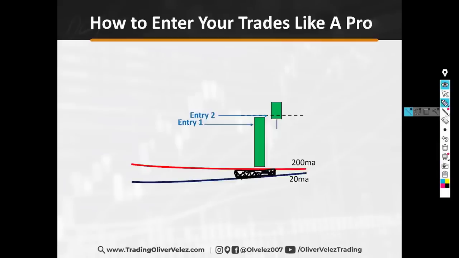All right, let me do it for you. Let's assume that it didn't get so big and it stayed more normal. Well, if that's the case, now our entry is to buy the next bar that clears the high. Boom, right there.